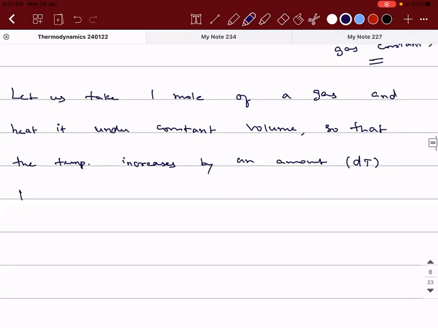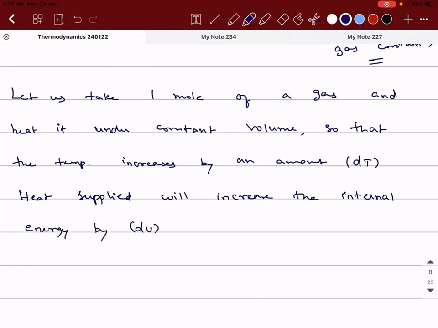Now, the heat supplied will increase the internal energy by a factor of dU. And we are clear that no work is performed by the gas because it's an isochoric process. No work is performed by the gas.